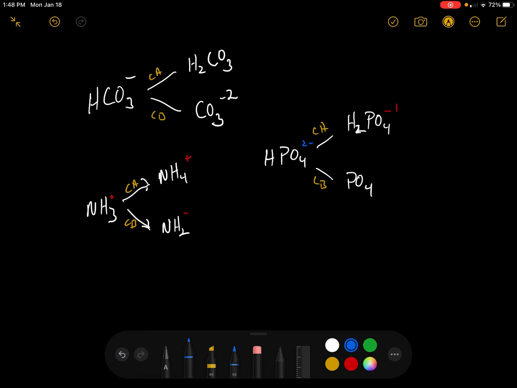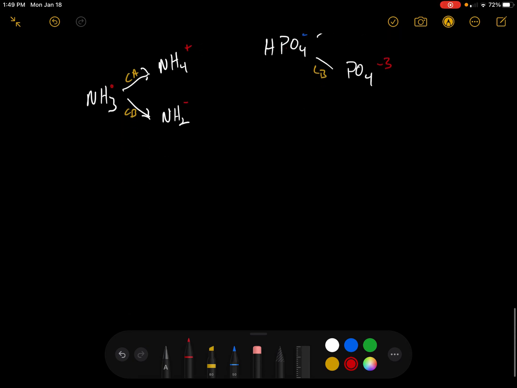And since the charge started at -2, our charge now is going to be -3. Yep, got it. This is how you write conjugate acid-base pairs. So let's do one more.